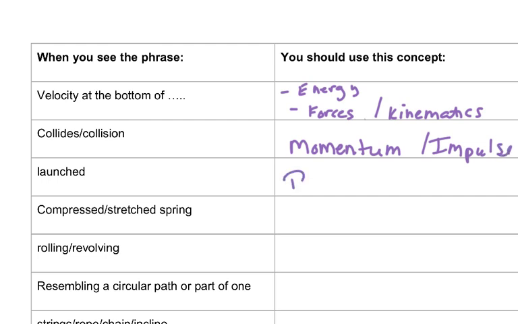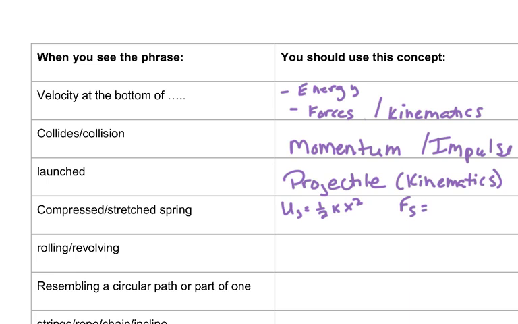If something is launched, it is a projectile or kinematics problem. If it's launched straight up, comes straight back down, something like that. Compressed or stretched spring: elastic potential energy, which is 1/2 kx squared, or Hooke's law, which is kx. And in this case, the k is the spring constant.